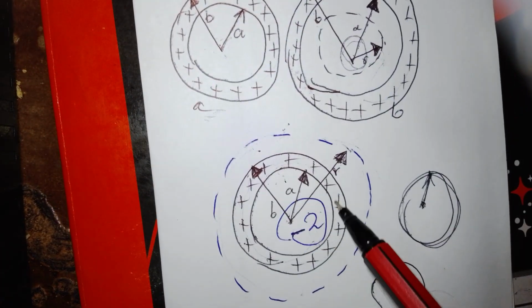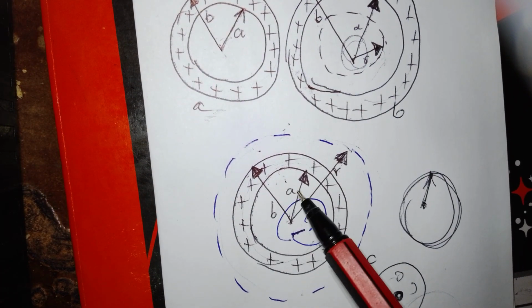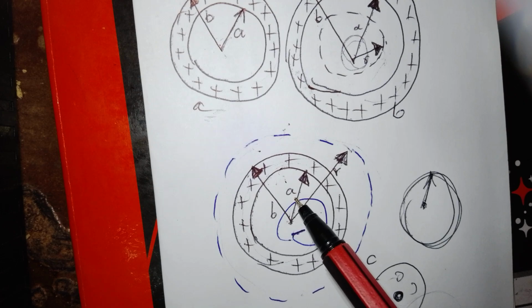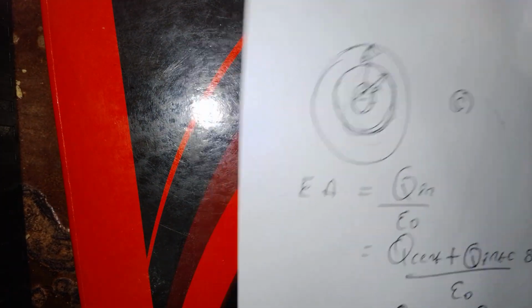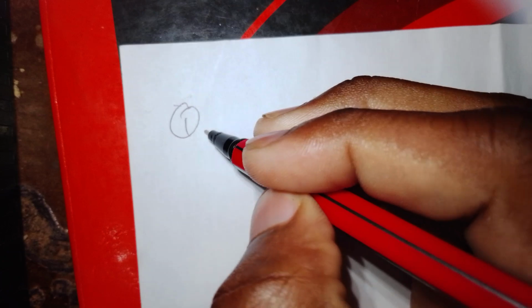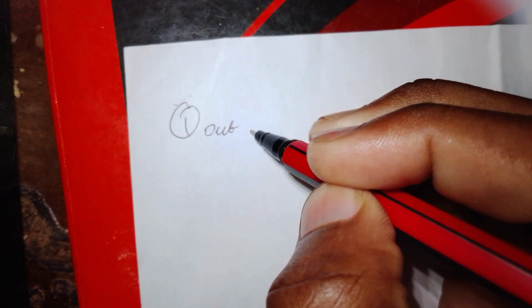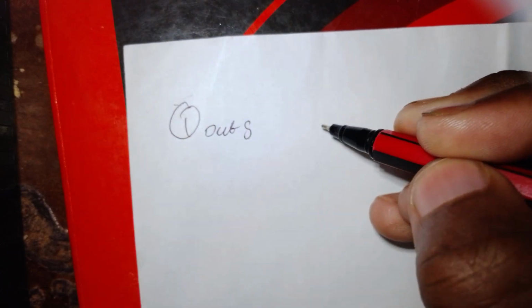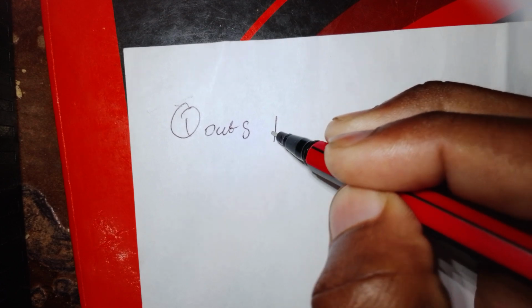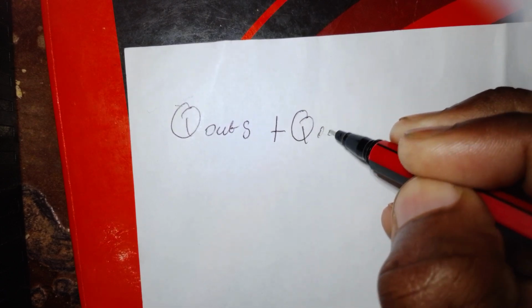Then what about the exterior, or the outer surface? The charge on the outer surface, let me just say OS for outer surface, plus the charge on the inner surface should be equal to the total charge.